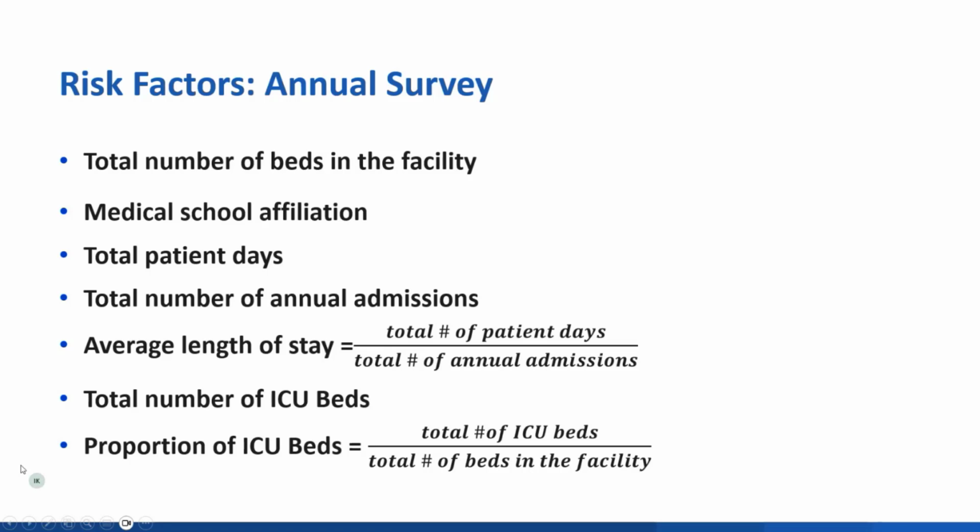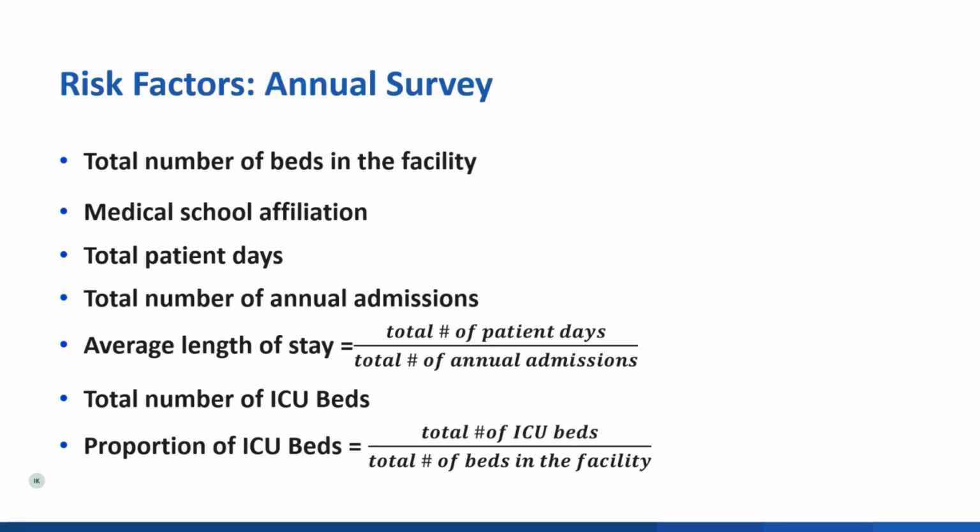In this slide, I am showing some key facility-level risk factors that NHSN pulls from your current annual survey to help adjust the predicted number of infections in the CAUTI SIR model. What I'm showing you is for acute care hospitals.